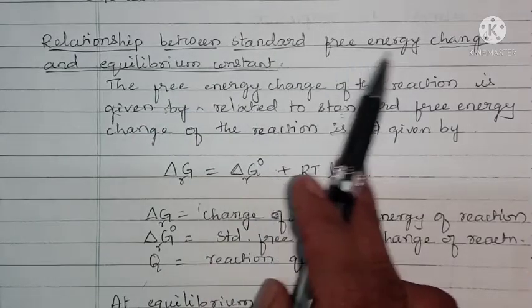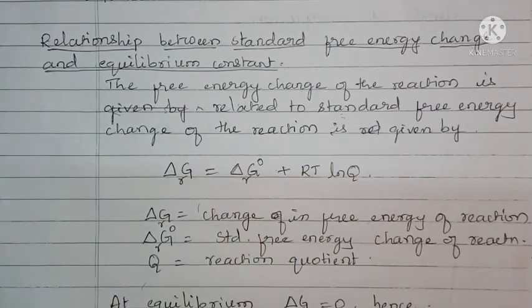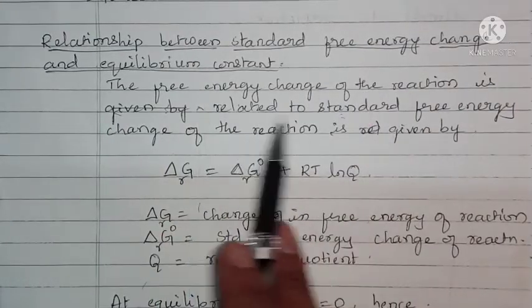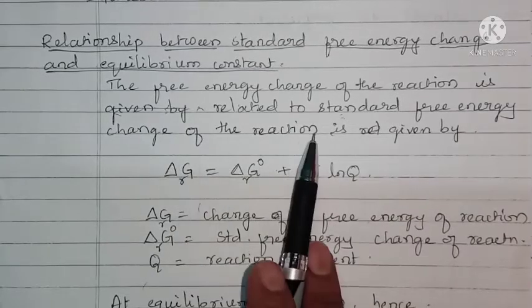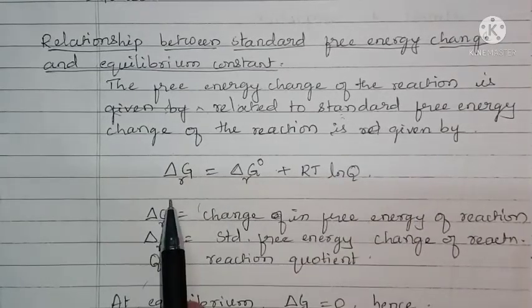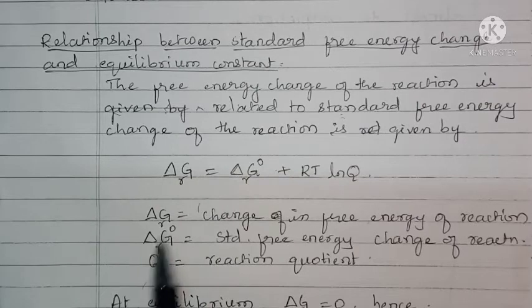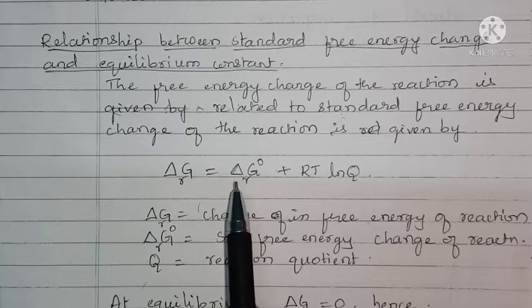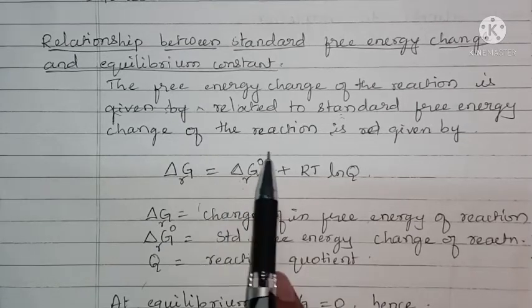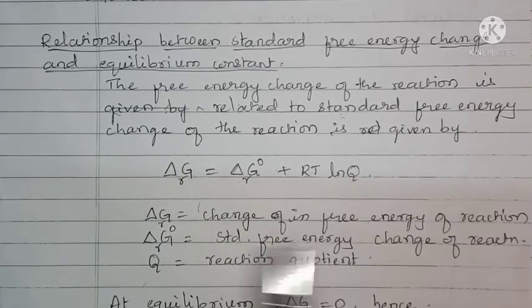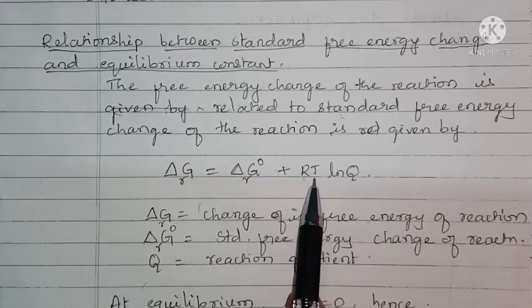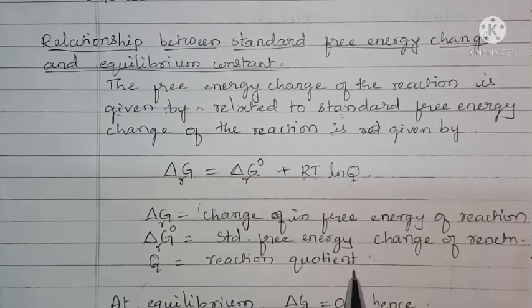Relationship between standard free energy change and equilibrium constant. We come to the main topic. The free energy change of the reaction is related to the standard free energy change of the reaction by this equation: delta G equals delta G naught plus RT ln Q, where R is the gas constant, T is the absolute temperature, and Q is the reaction quotient.